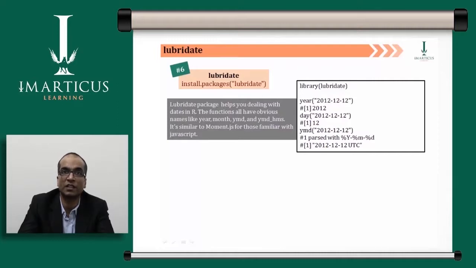If you want to compute the difference between two dates, those functionalities are present within the lubridate package. Sometimes we even use it to convert the format. For example, in the US the month is written first and then the day, while in India you write the day first and the month second. You can do all this manipulation with the lubridate package.